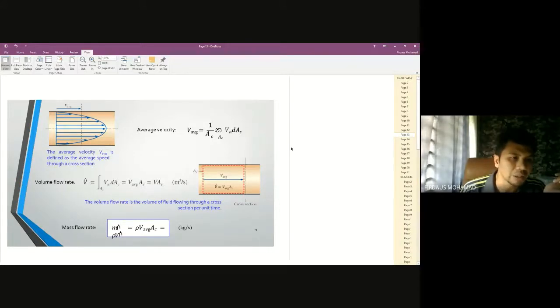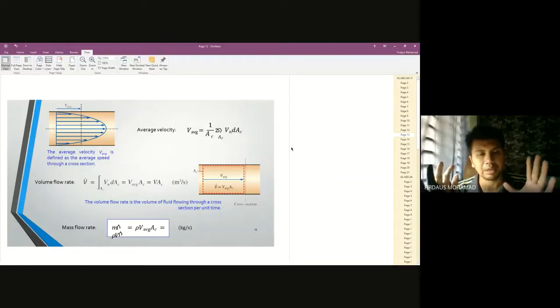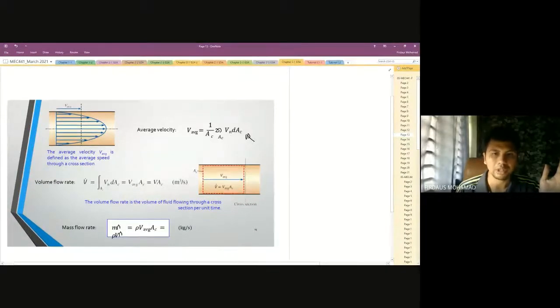So we need to consider the average velocity. Tapi dalam problem biasanya yang dibagi tu memang dah considered as average velocity. So we don't have to use this kind of equation in order to obtain the average velocity. Okay, so biasanya untuk mass flow rate, untuk volume flow rate, the velocity is also equal to the average velocity.